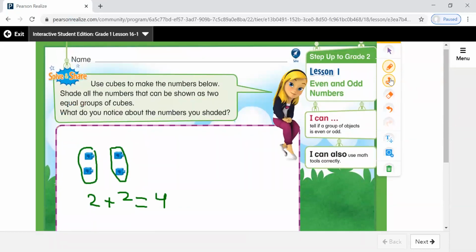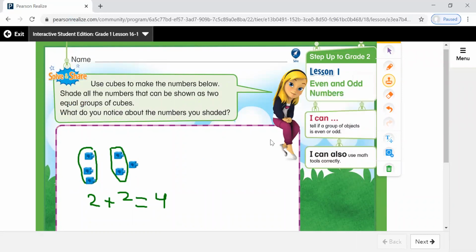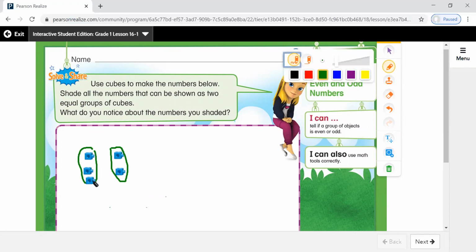Move to number 5. If I have here 5 cubes, 1, 2, 3, 4, 5. So, can I put these 5 cubes into two equal groups?